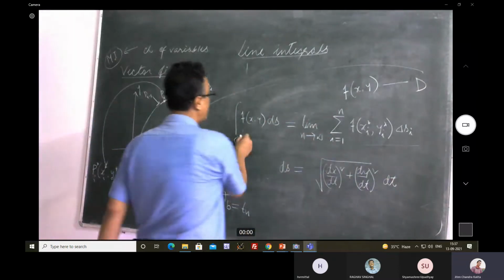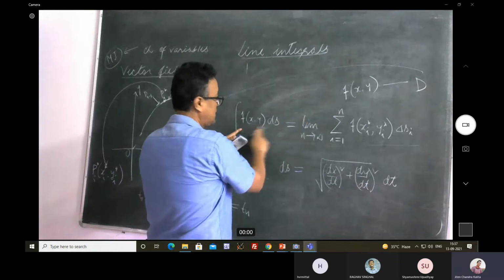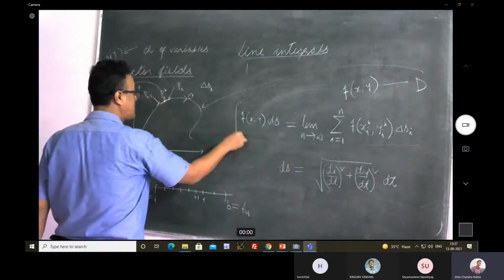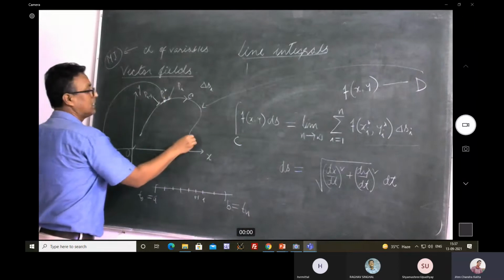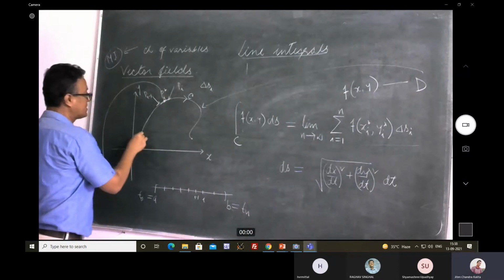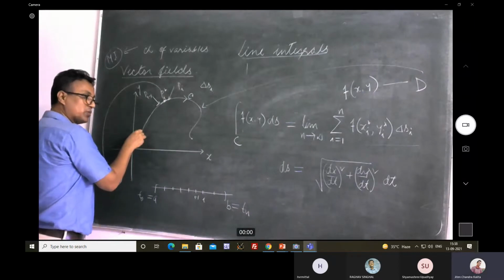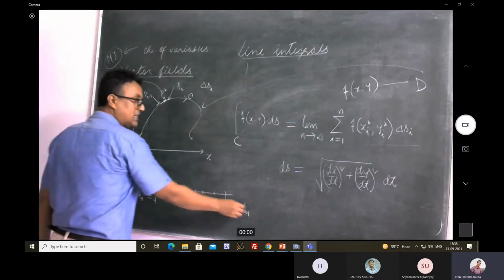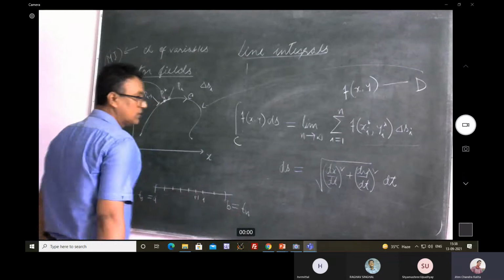So if I use change of variables here, you know that the endpoints of C correspond to t equal to a and t equal to b.